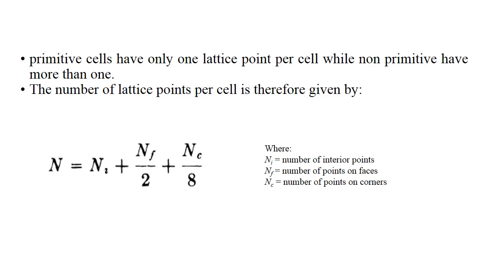I stands for interior, f for faces, and c for corners. Keep in mind that any cell containing lattice points on the corners only is primitive, while one containing additional points in the interior or on faces is non-primitive.